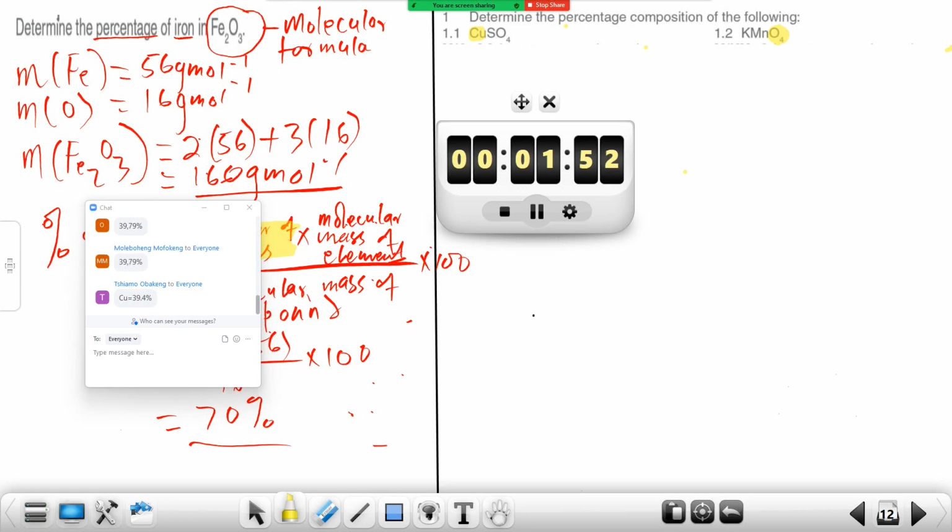Remember, we still have 1.2 to attend to, right? And we only have 1 minute and 45 seconds.